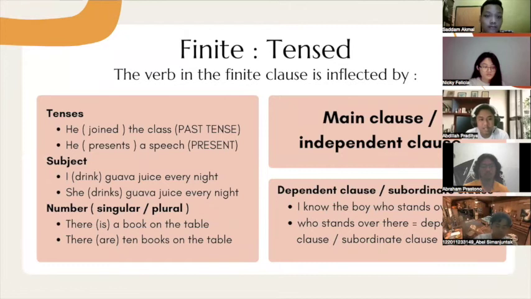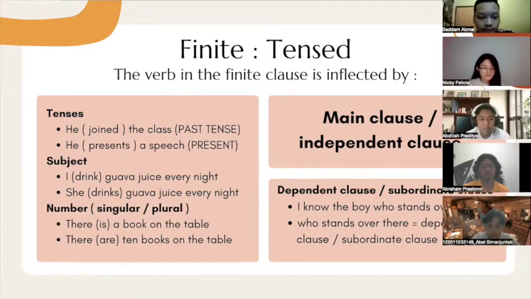He presents a speech is present. The first example is the past tense. So joined has an additional -ed, while he presents a speech is present plus s. He presents. So there are changes in the sentences.